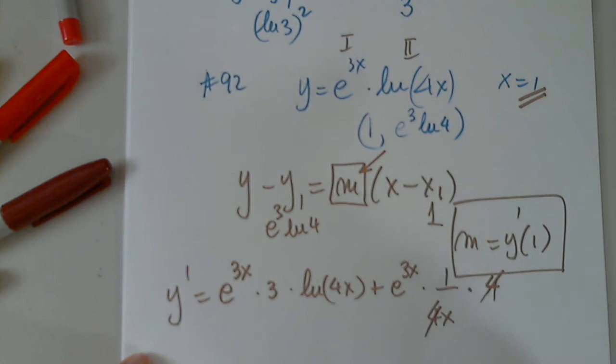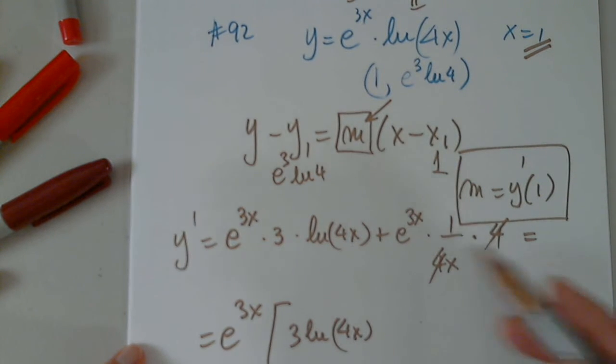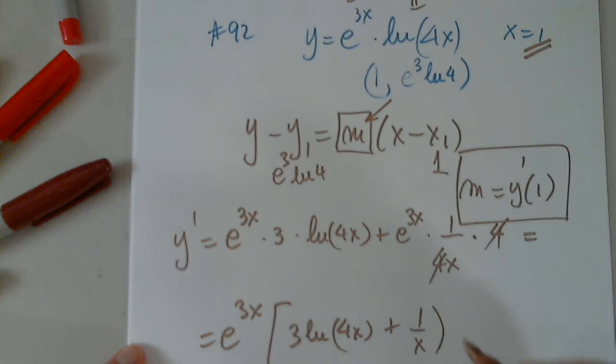That's the only thing I can simplify. So I will write e to 3x, and this is 3 natural log 4x, plus 1 over x.